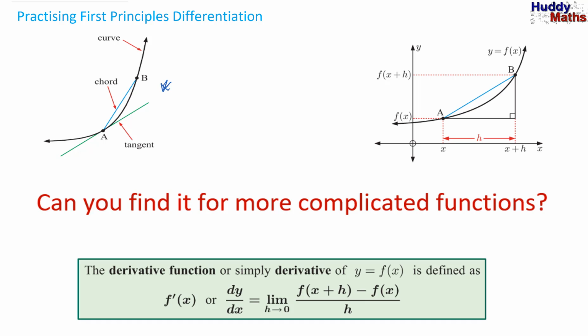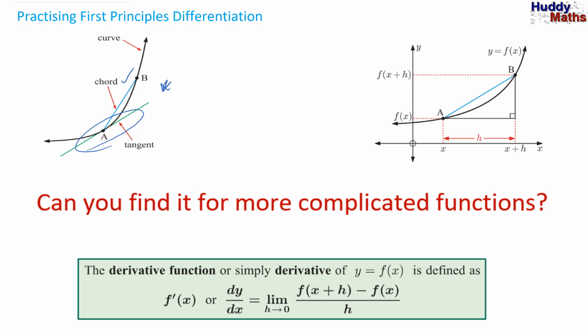You remember what we're trying to do. We said that if you want the instantaneous rate of change of a function at a particular point A on a curve, then we have to find the slope of the chord and find the value in the limiting position, which is tangency, of the slope of that chord.